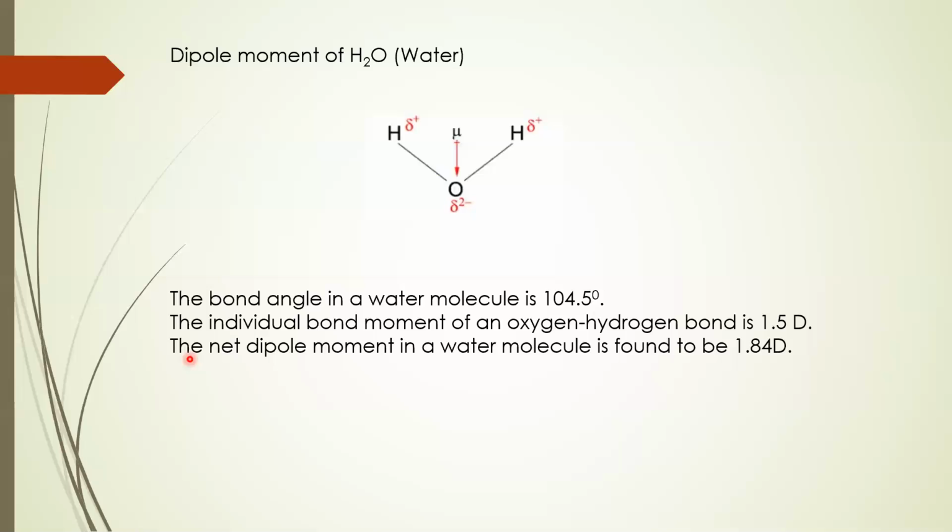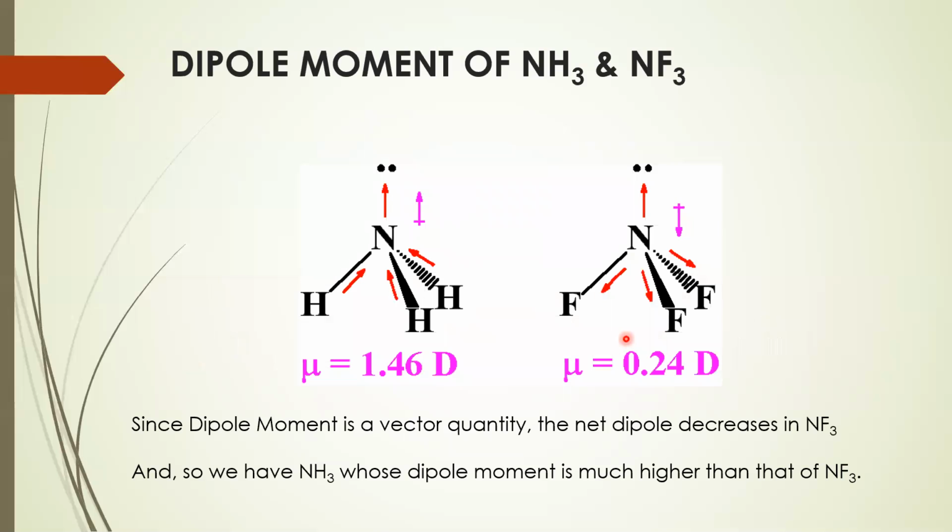The individual bond moment of an oxygen-hydrogen bond is 1.5 debye, whereas the net dipole moment of a water molecule is found to be 1.84 debye, as the dipole moment interaction is not in opposite directions and does not get cancelled off.